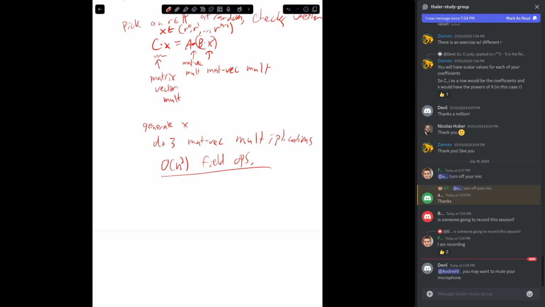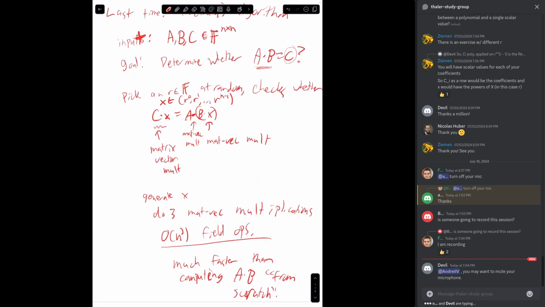And so note that this is much faster than computing A times B explicitly, like from scratch. If this algorithm did not have access at all to an untrusted prover and it wanted to know A times B, it would have to compute A times B on its own.